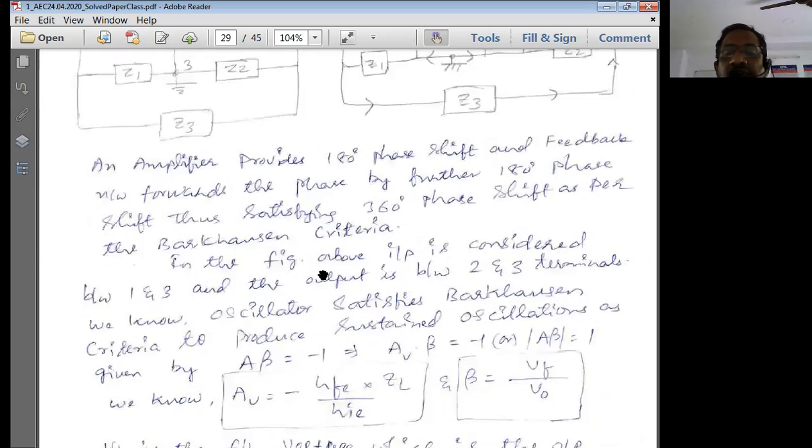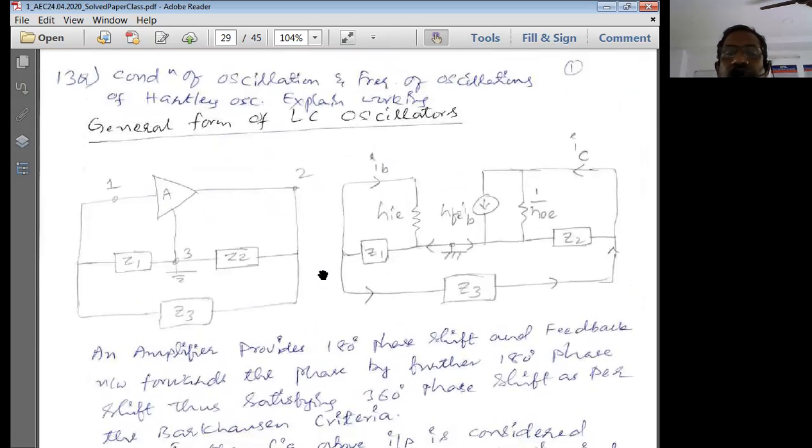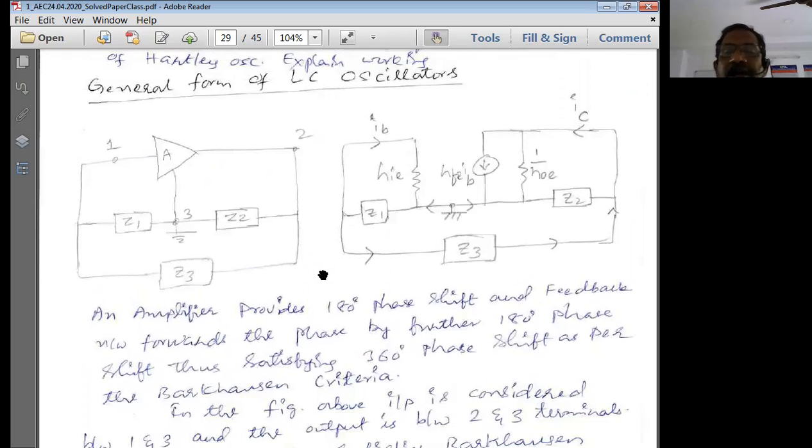So in the next section, we will go for deriving the expression for the condition of oscillations. In this session, we have repeated the concepts of the classification of oscillators. Based on the circuit elements, we consider them as LC or RC oscillators. We are going with LC oscillators now. So this circuit we have understood, the circuit connections we understood, the direction of current we understood, and based on the direction of currents, we have computed the equivalent circuit resistance at the input and output terminals.